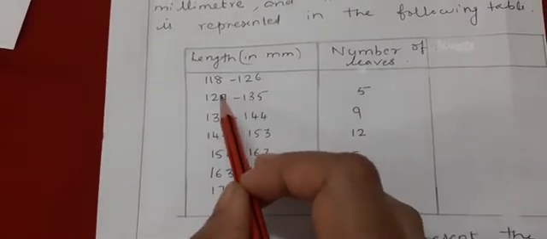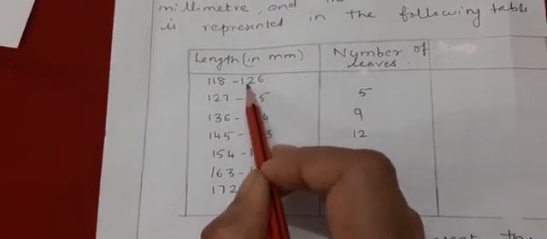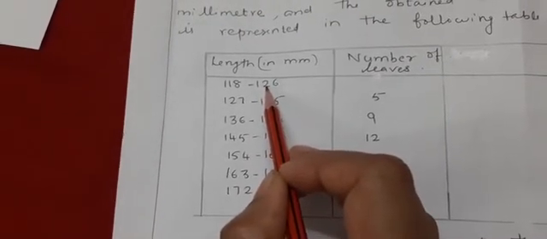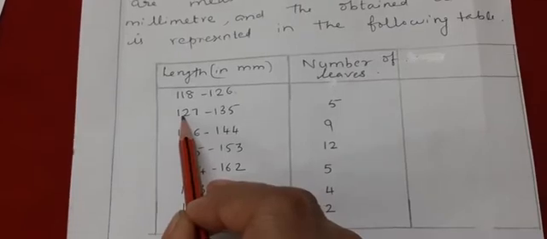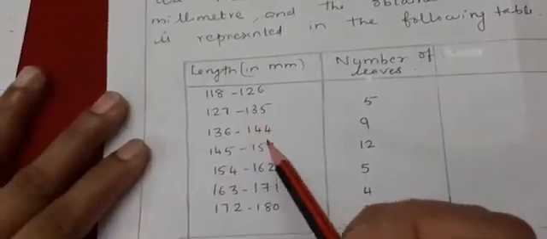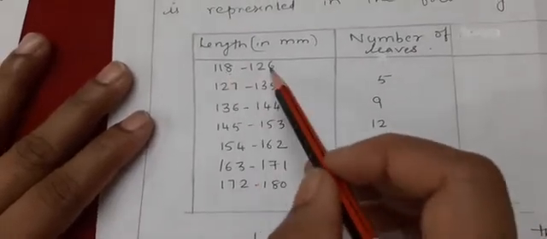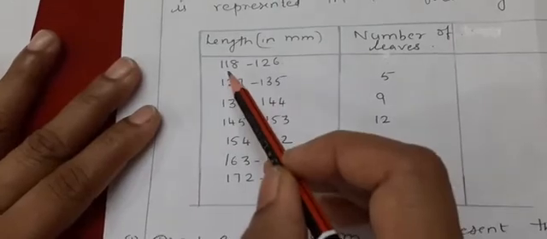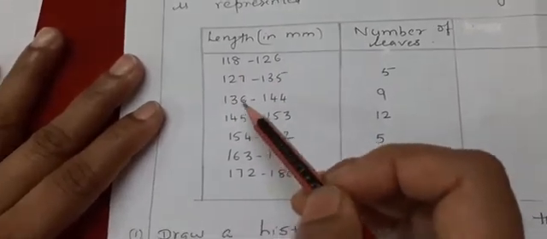Here the interval is not continuous. If it is continuous, the upper limit of the first class interval and the lower limit of this class interval should be same. For drawing histogram, the interval should be continuous. So first of all, we had to make the class intervals continuous.